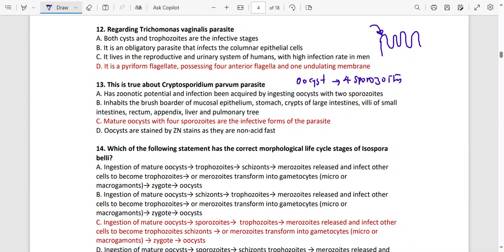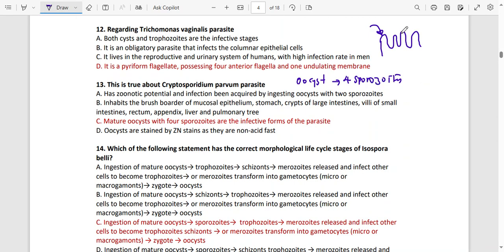So about the life cycle, let me mention it because there's something long in front. What is going to happen is this: for Crypto, when we ingest it, it is going to travel to the small intestines. And when it goes there, it is going to release the four sporozoites.